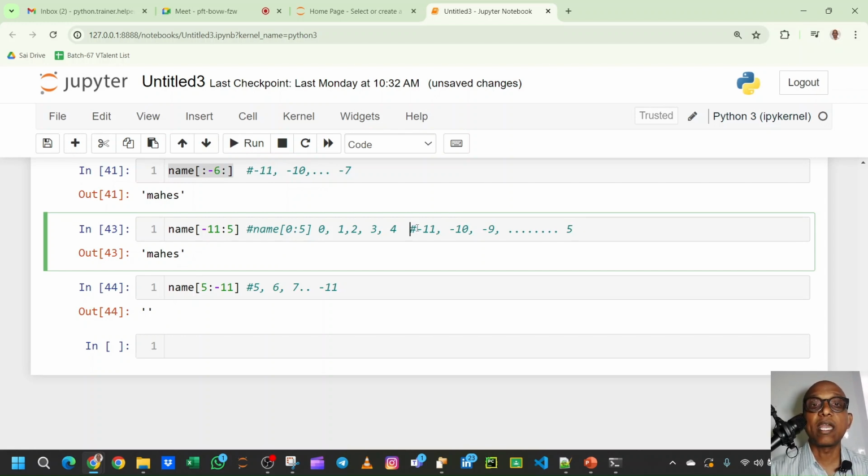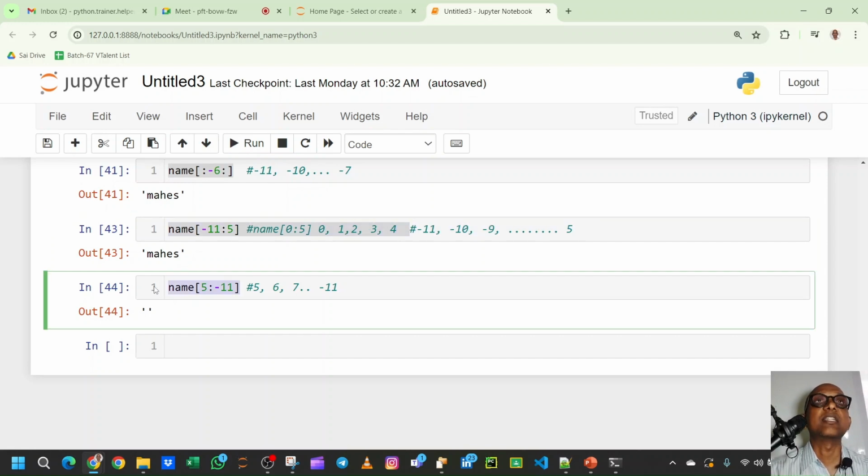Since this logic is okay in this one, yes, it is going to replace the minus 11 with the equivalent positive indexing number. What is the positive indexing number for the minus 11 in this given string? 0. So it is going to replace with 0 to 5 and it is going to get the values of 0, 1, 2. If this logic is not satisfying, then it will not replace anything.